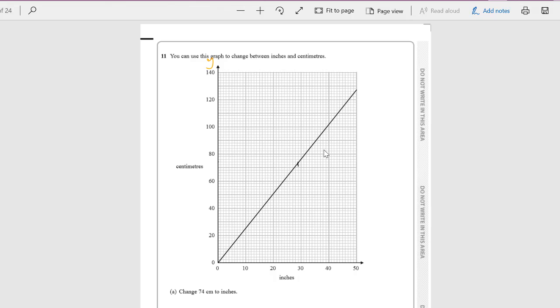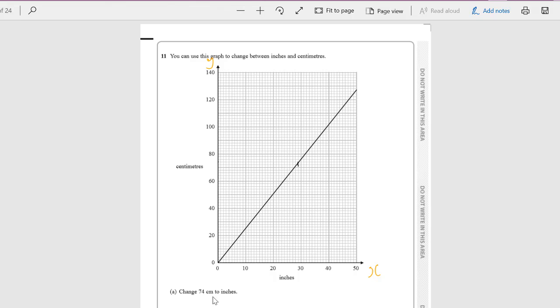Anyway, we have to be very careful because with these graphs, the spaces are not always distributed the same. Here you can see each box represents 1. However, each box here represents 2.